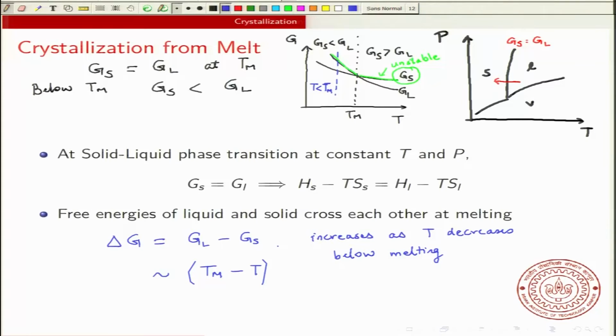It's an increasing function of how much lower than melting you are. So this is the temperature below the melting. If it is much lower than melting, then this quantity will be large and this delta G will be large. So you can think of this delta G, this difference in free energy, as a driving force towards crystallization.